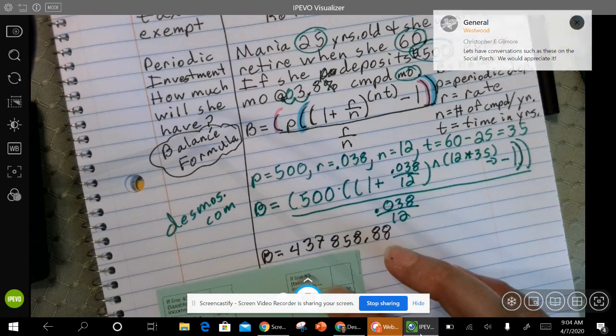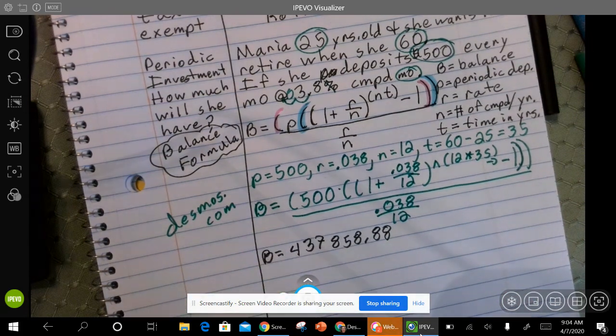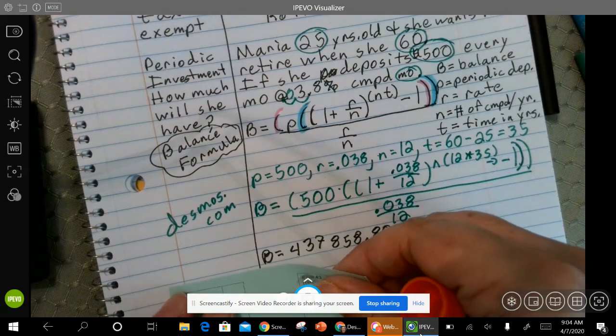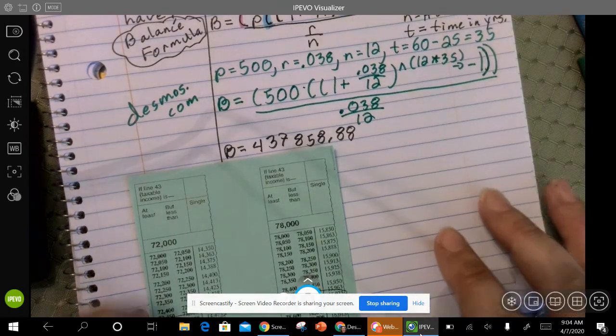Okay, so we have our tax table here. The reason people contribute to retirement accounts is to help them save money.